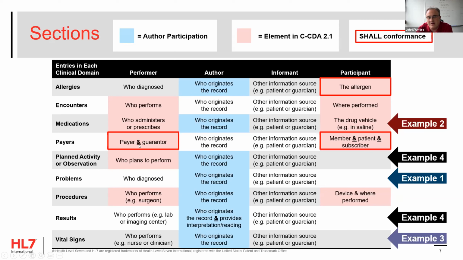What we have down here in the matrix, so all these can be used in all these different domains, is what does it mean to have a performer, an author, informant, and participant. Now, informant's pretty simple. There's not really any variation as you go down that one. And the author is also pretty consistent, with one exception maybe around the results. The way that I was working on it, which is trying to think about not defining the author as the person who authored it, to try and say, what could be a way of defining that in a way that doesn't use the word author.